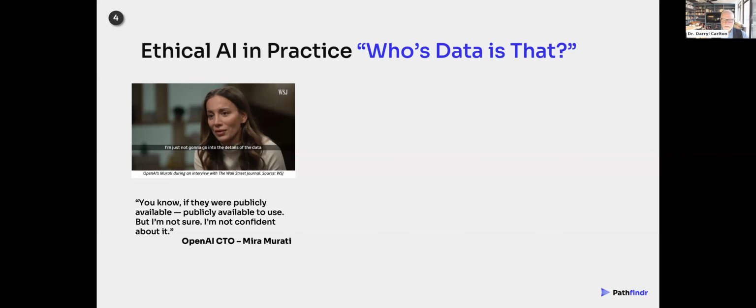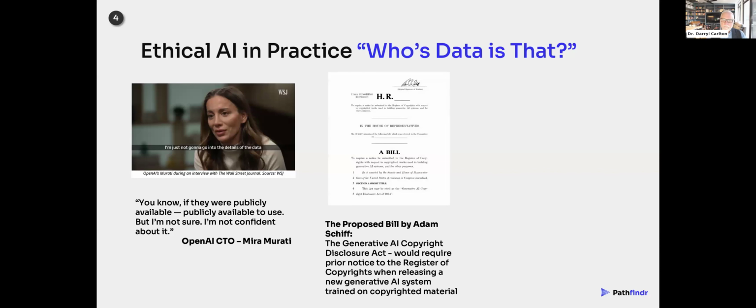Recently, the chief technology officer of OpenAI, Mira Murati, was asked in a Wall Street Journal interview where the data was that you used to train OpenAI, to train ChatGPT. And she gave a very vague answer, and she gave a vague answer 3 times in a row. She basically said it was publicly available. She didn't say that they had the rights to use it.